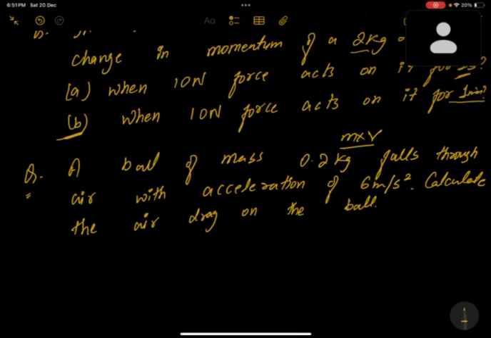Do you understand the question? Yes, ma'am. You are solving, right? Then force is equal to mass into acceleration, ma'am.